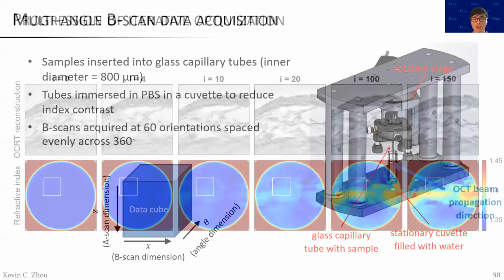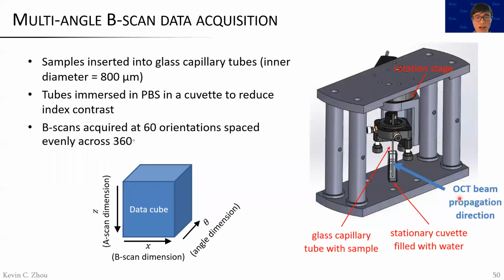Here's the initial setup we used to collect the multi-angle data. We inserted all the samples into glass capillary tubes with the help of a collaborator, Dr. Simone Deegan. The tubes were mounted onto a custom-built rotation stage, which was designed by Gar Waterman, a former lab member.